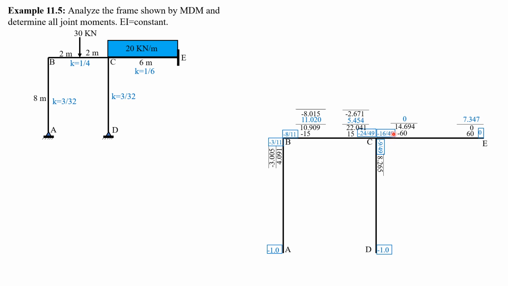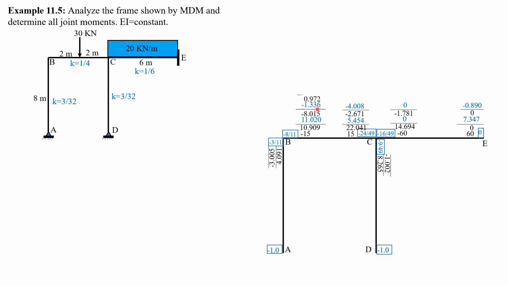Replace 24 by 16, 5.454 times negative 16 over 49, negative 1.781, lock partially. 5.454 times negative 9 over 49, negative 1.002, lock partially. 7.347 times 0, lock partially. Half of 0, half of negative 1.781 here, negative 0.890. Half of negative 2.671, negative 1.336, half of negative 8.015 here, negative 4.008.